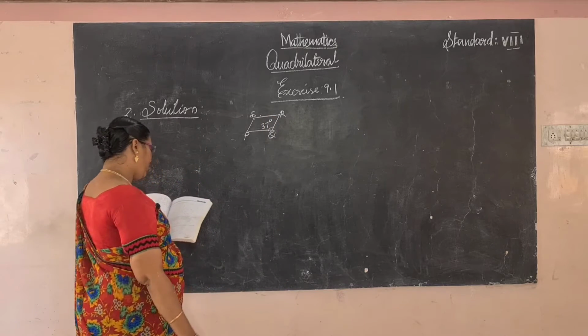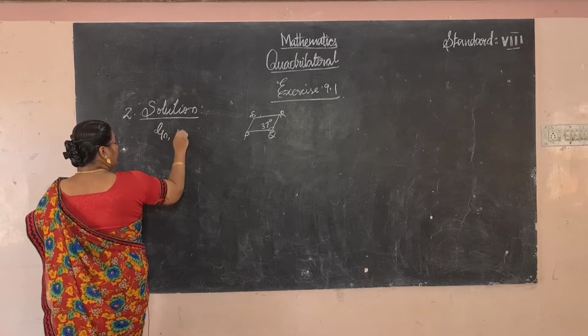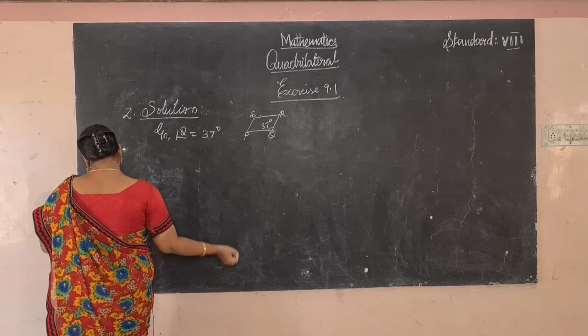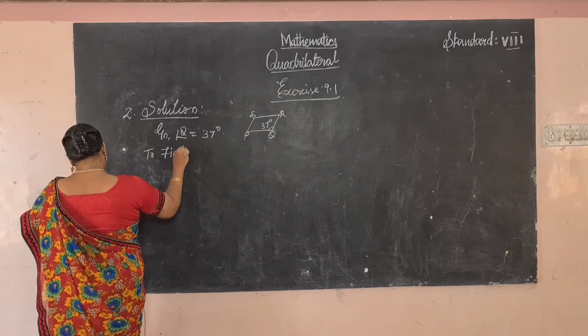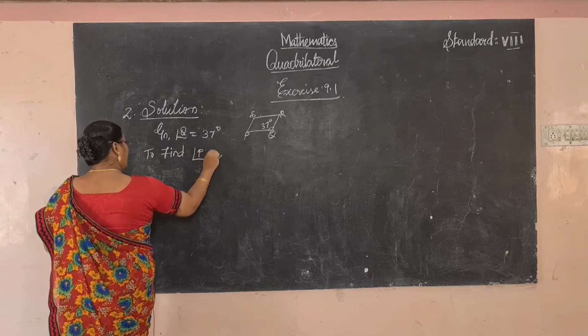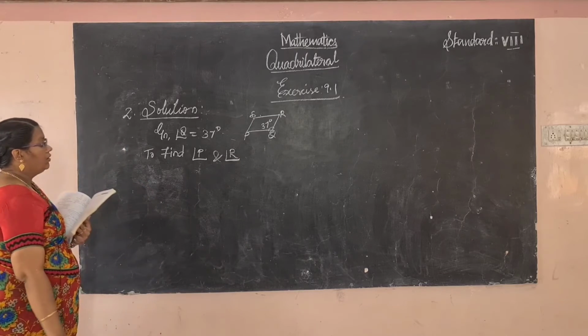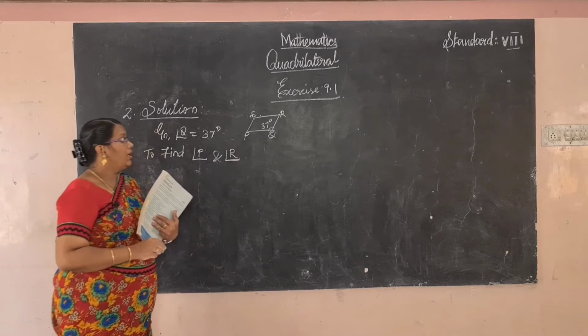Find the measures of angle P and angle R. So, given angle Q is equal to 37 degrees, and to find angle P and angle R. Okay, so what are the properties you know about the parallelogram?